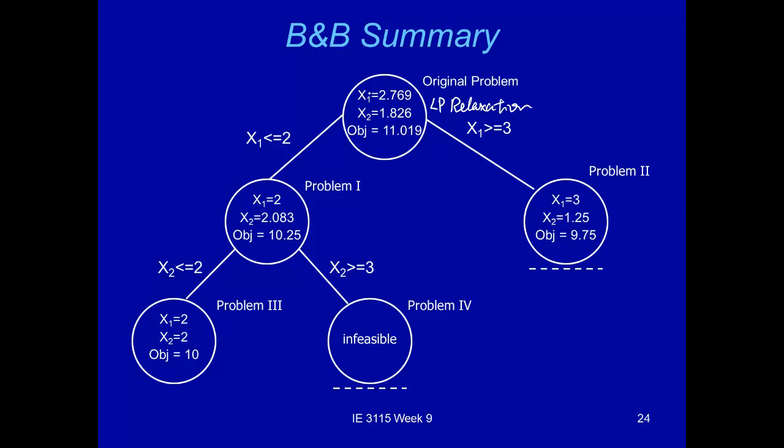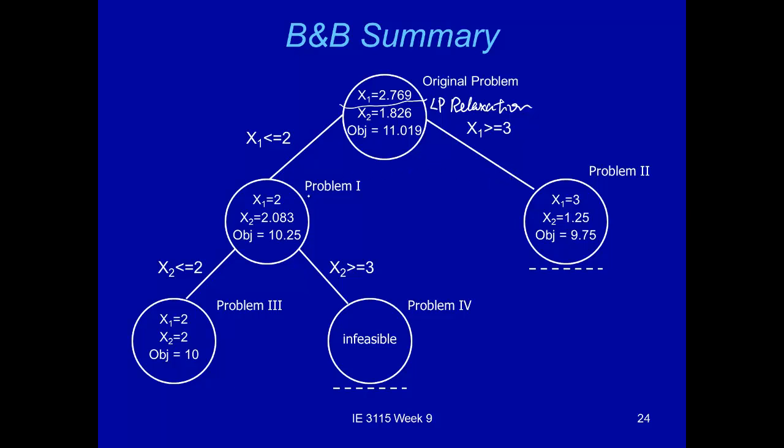We find the solutions are not integer. And we choose x1 to branch. Because x1 value is between 2 and 3, the 2 integers, we choose 2 and 3 to be the bounds, the ones that we add as a constraint. So we make it less than or equal to 2, greater than or equal to 3. That gives us 2 subproblems.